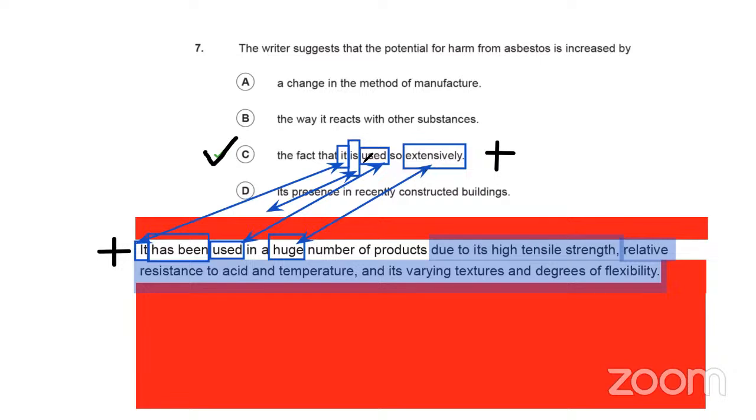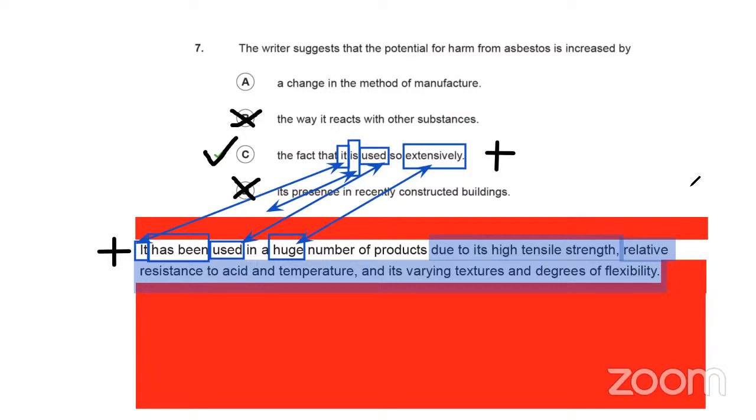Okay. So this is how you come to the option. B is wrong. D is wrong. So C is the right answer.